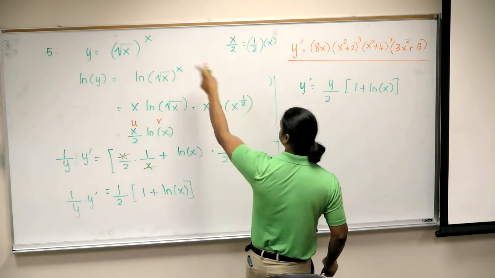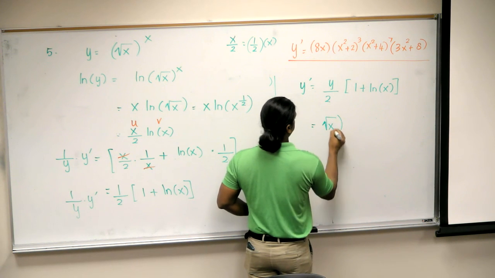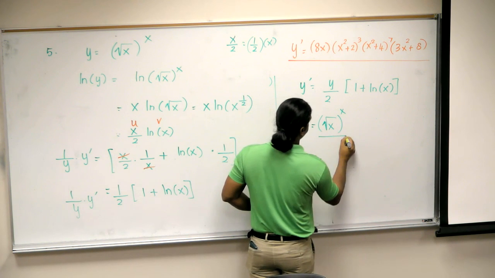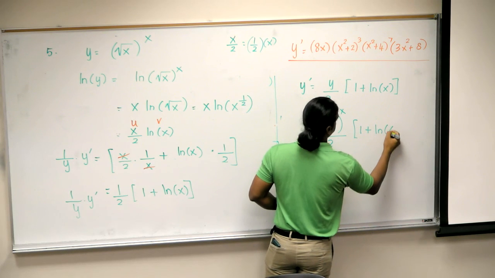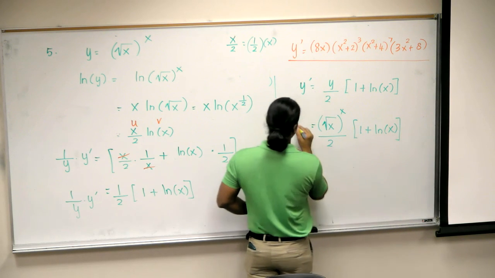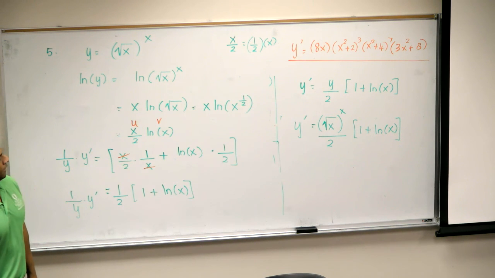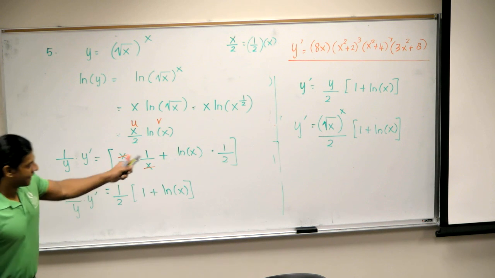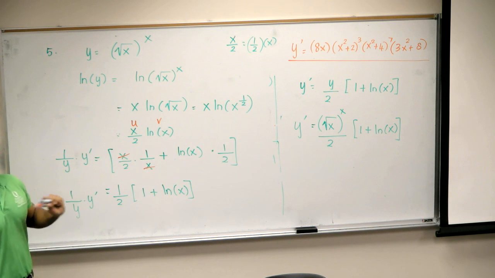So what is y? y is square root of x raised to x over 2, multiplied by 1 plus ln of x.